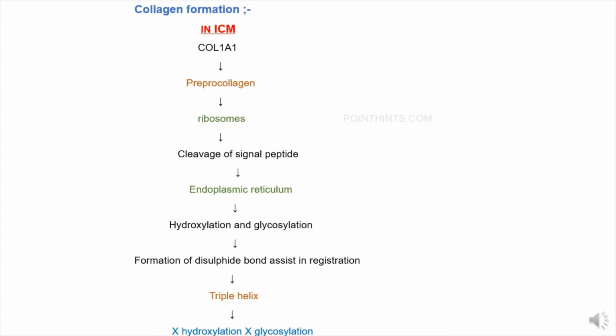It has a signal peptide. It is cleaved and directs the chain to enter the endoplasmic reticulum, where hydroxylation and glycosylation occur.